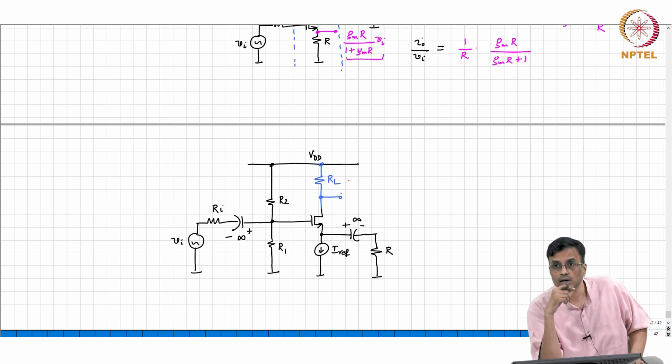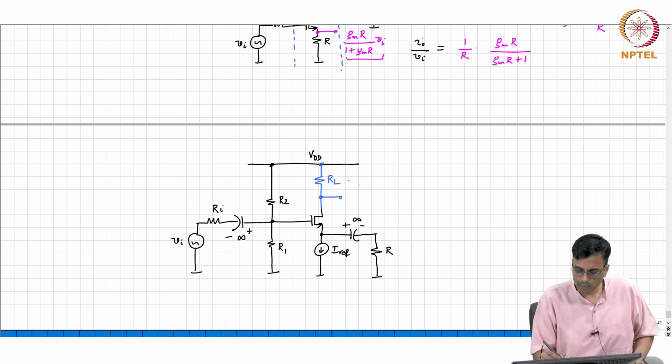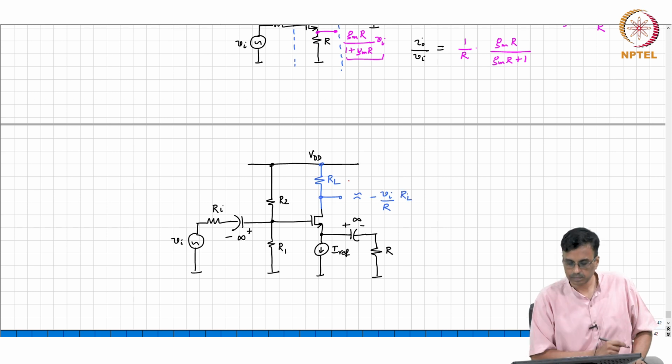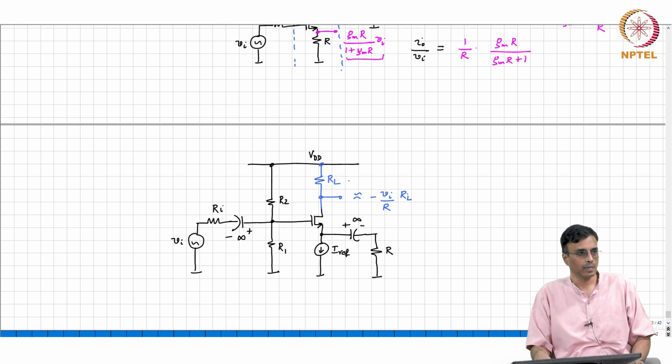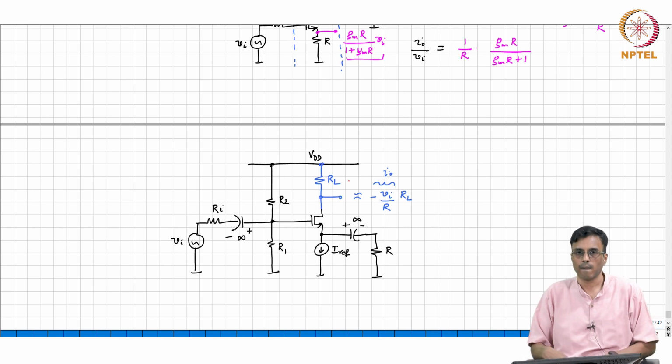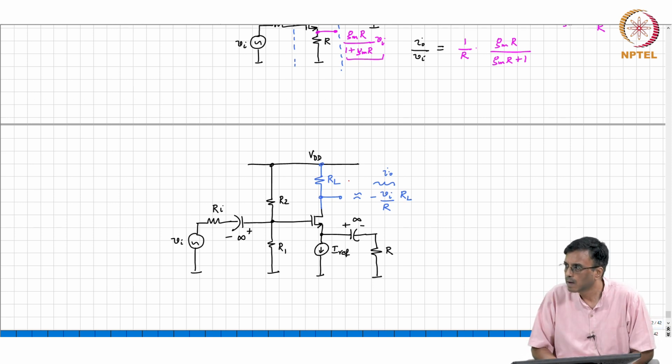Minus I naught RL, where I naught is known to be approximately Vi by R, so this is minus Vi by R times RL. Does that make sense, people? All right.